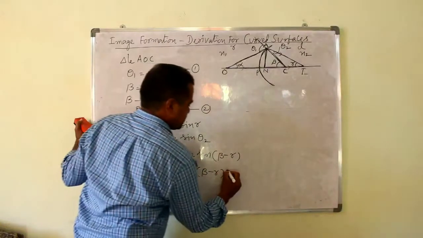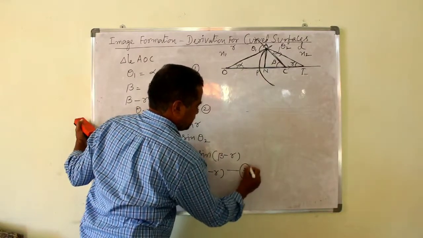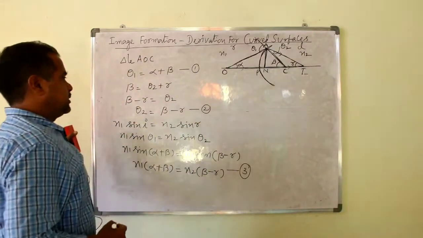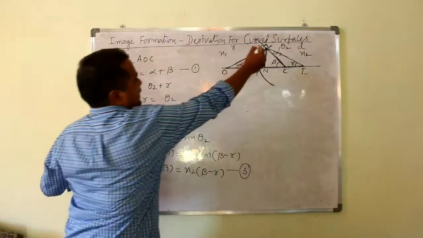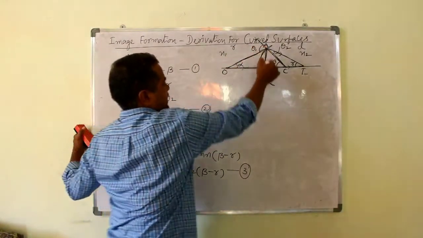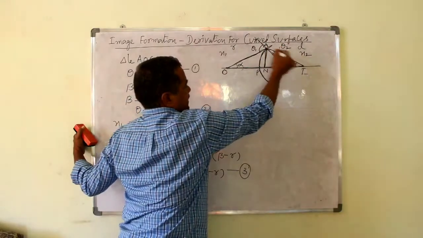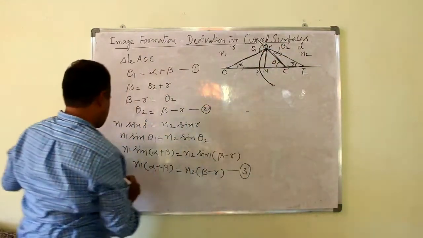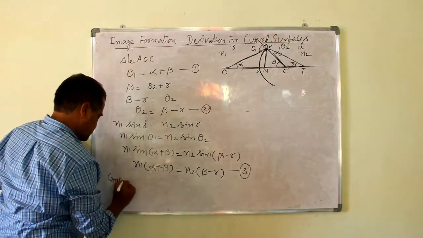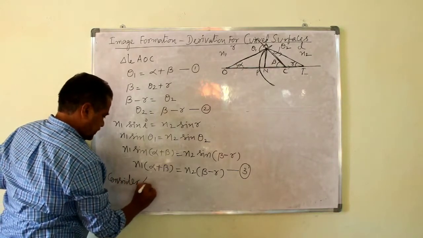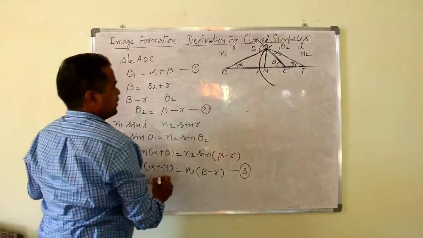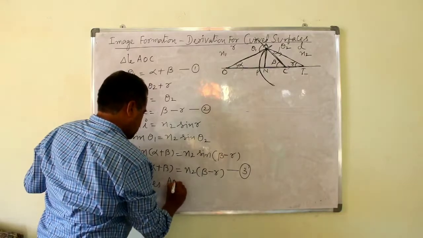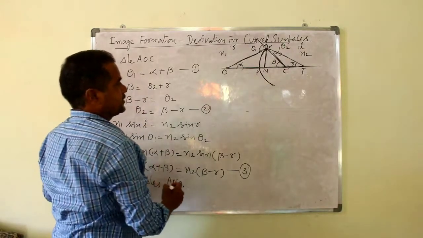This is treated as equation 3. So consider triangles ANO, ANC and ANI. All these are right angle triangles.